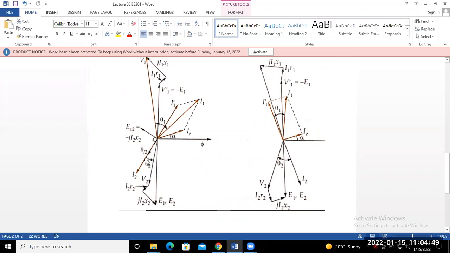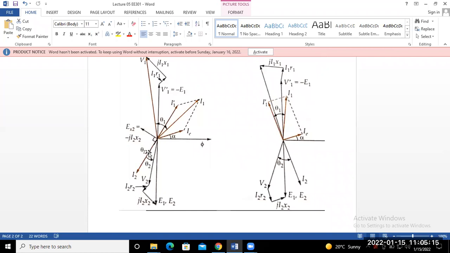So draw I2, this is your I2 load current, and we already discussed how we can transfer these secondary currents, secondary voltage or secondary impedance towards the primary side.